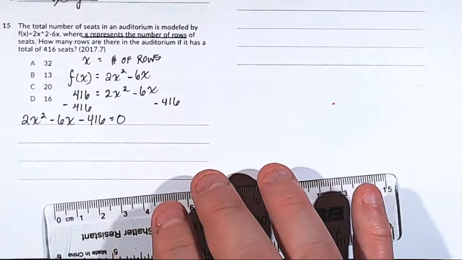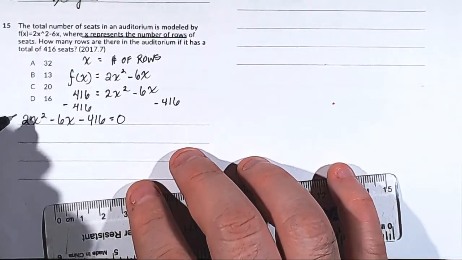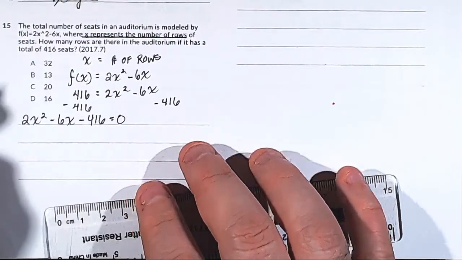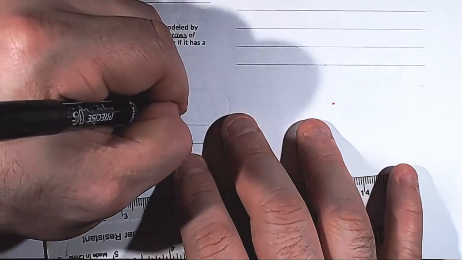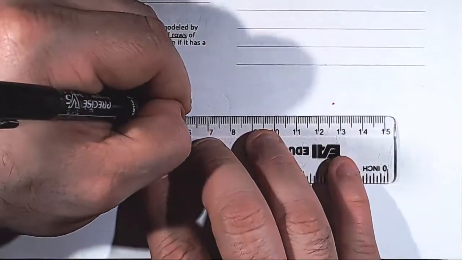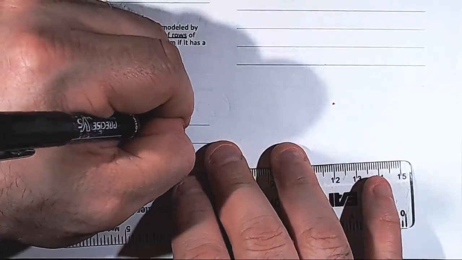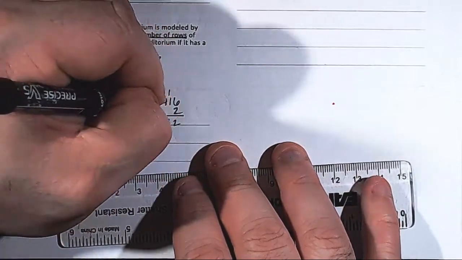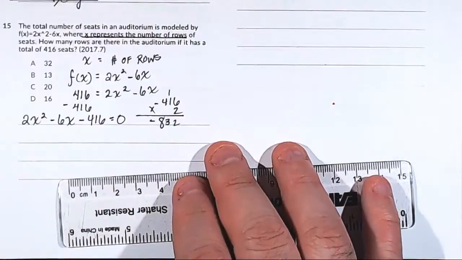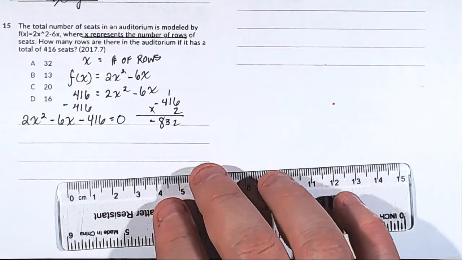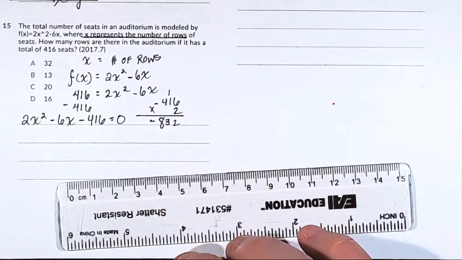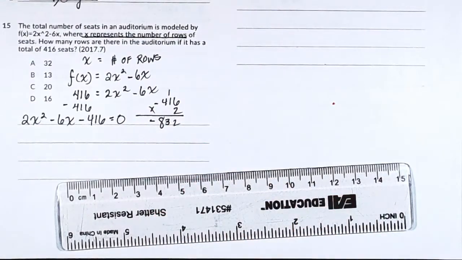And the process would be to multiply 2 times negative 416, okay, which you can do right here, gives us negative 832. And what we would need to find are two numbers that add to be negative 6 and multiply to be negative 832.